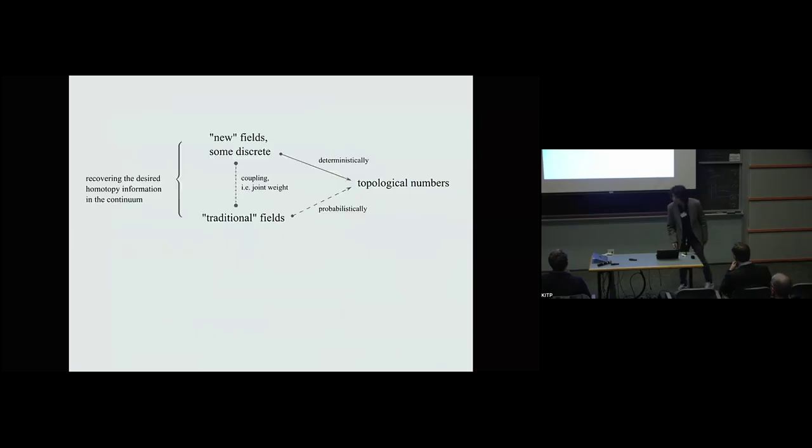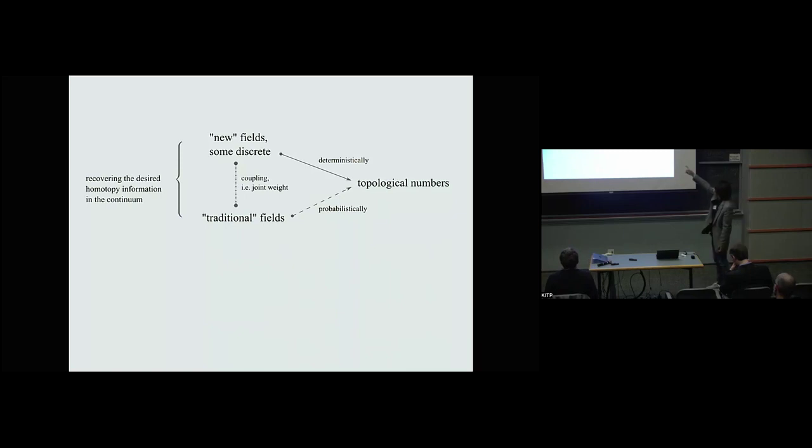So the philosophy is that when we want to assign topological numbers to traditional field configurations, there will be discontinuity. And what the Villain model does is that new degrees of freedom are introduced, some of which are discrete, such that they are coupled with a traditional degree of freedom for the purpose of capturing the interpolation information that would have been there if we were really in the continuum, right?